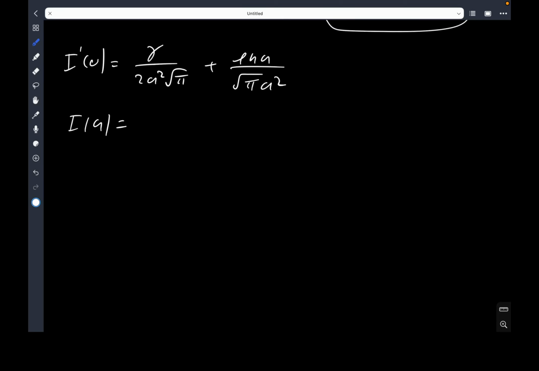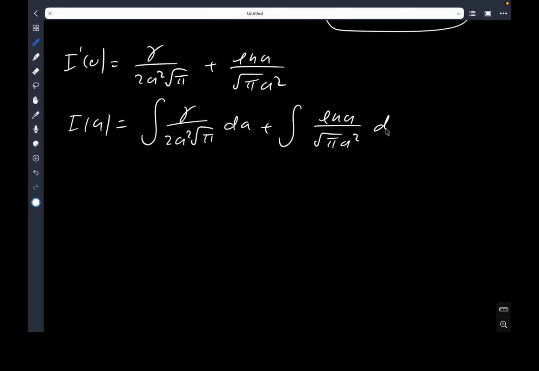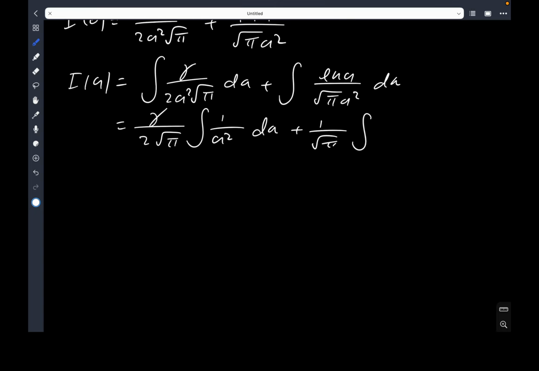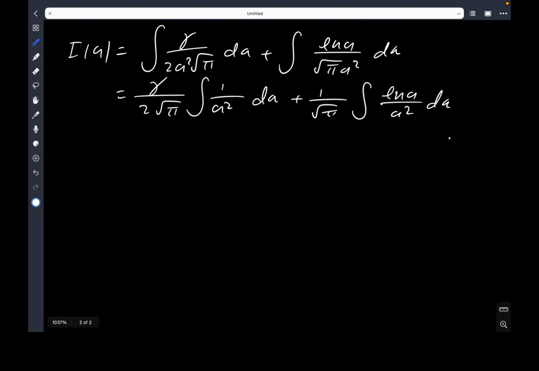I of a is the integral of gamma over 2a squared root pi da plus ln a over root pi a squared da, which is gamma over 2 root pi times the integral of 1 over a squared da, plus 1 over root pi times the integral of ln a over a squared da.